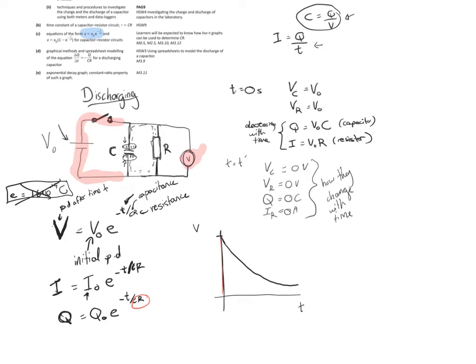So here will be your initial voltage, the starting voltage of the capacitor, and eventually it will fall with time in an exponential decay. The same graphs will look for current, so instead of V naught, that will be I naught, and for charge it could be Q, and that will be Q naught. All three look the same for discharging because all the values are dropping together to zero as the capacitor is discharging through a resistor. It's a bit different from when it's charging, and we'll talk about that as well.